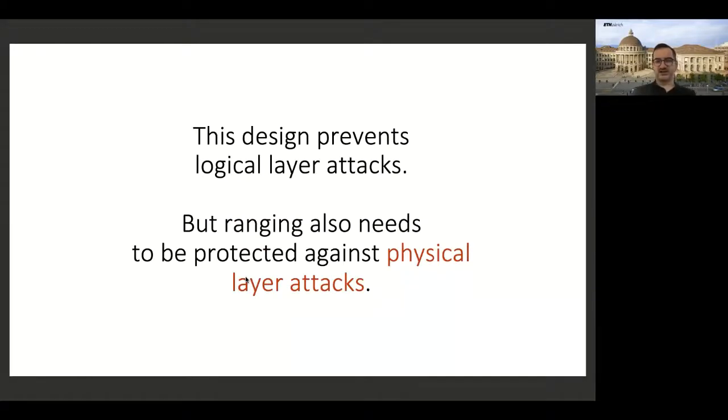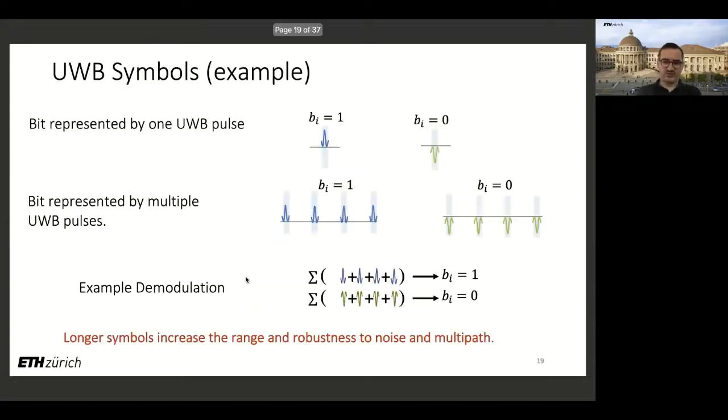So this design prevents logical layer attacks, but of course, ranging needs to be protected against physical layer attacks, and that's what we want to explore in a bit more. And in order to understand this, we need to understand how bits are encoded in ultra-wideband, right? So ultra-wideband, as its basis, has pulses, and these pulses are short, 1 to 2 nanosecond wide pulses.